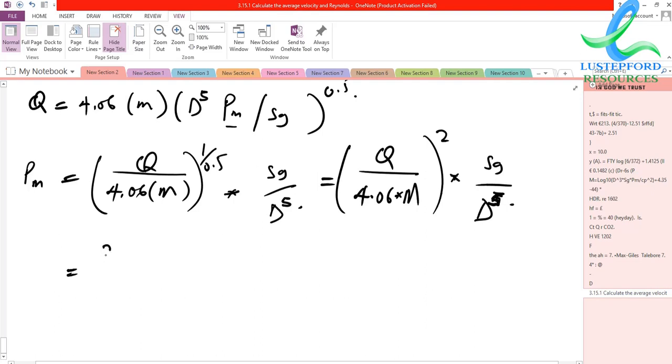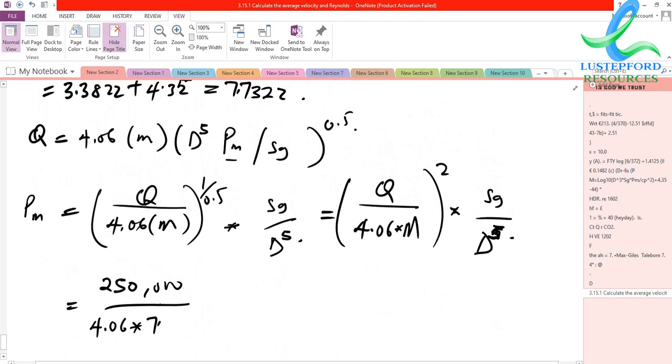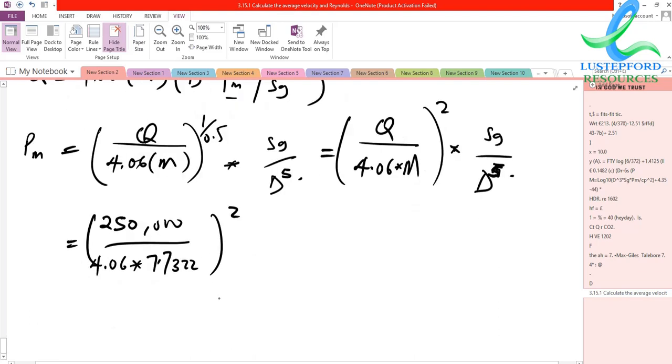We'll not do the calculation now. We'll have this at 0.0, that is 25,000 over 4.06 times M, which is 7.7322 raised to power 2, because 1 divided by 0.5 is 2.